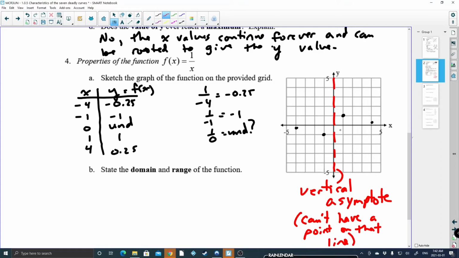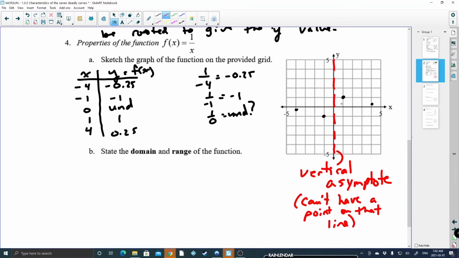So usually that means that the graph can't cross that line because there's no way you can get to that value. So what happens to these two sides of this graph? Well, if I go to a decimal value of x, 0.25, and divide 1 by 0.25, you'll get 4 as an answer, which is up here. If I go to 0.00000001 and divide 1 by 0.00000001, I don't have a lot of room to write that, so let me do it here.